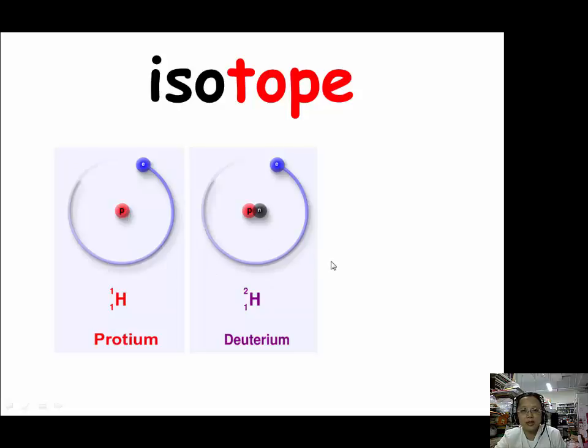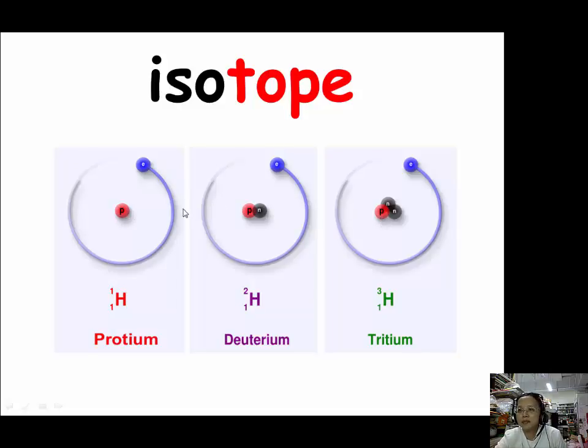nuclear protons, like these three, the protium and deuterium and the tritium. They all have the same number of protons, 1 proton, but they have different numbers of neutrons, which make them possess different atomic mass.